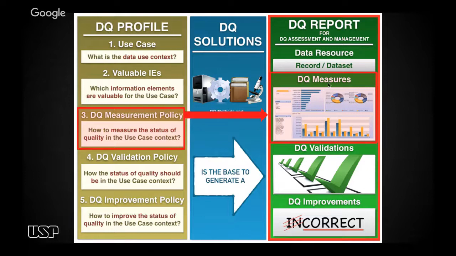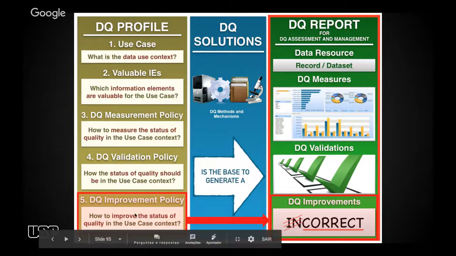So it will give us a set of measures of quality based on the data quality measurement policy of a data quality profile. It will give a set of validations based on the validation policy. And it will give some recommendations or improvements based on the improvement policy of the data quality profile.